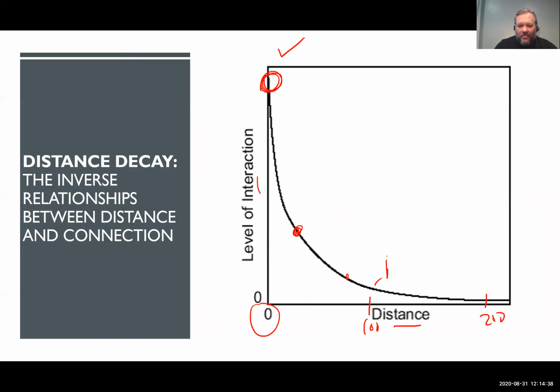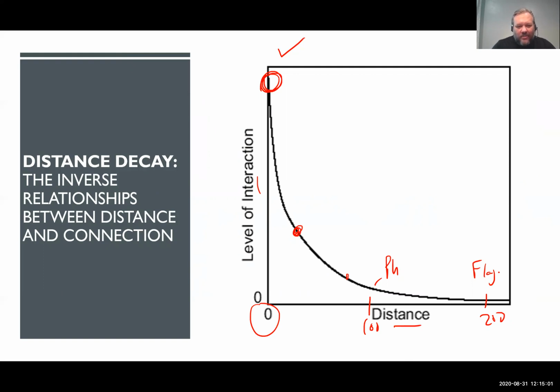So this might be Phoenix, and this might be Flagstaff. Think about, do we have some interactions with Phoenix? Yeah, because it's 2 hours away. Is there as much interaction with Flagstaff or Los Angeles or San Diego? The answer is no, because it's just farther away. It's not that it doesn't exist, but it's a lot less.